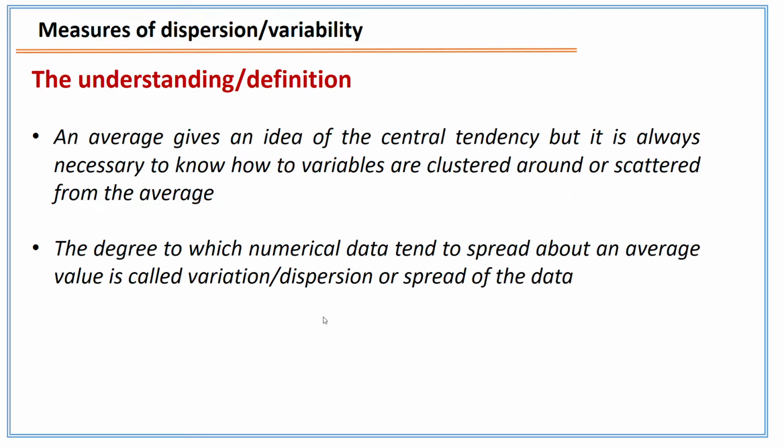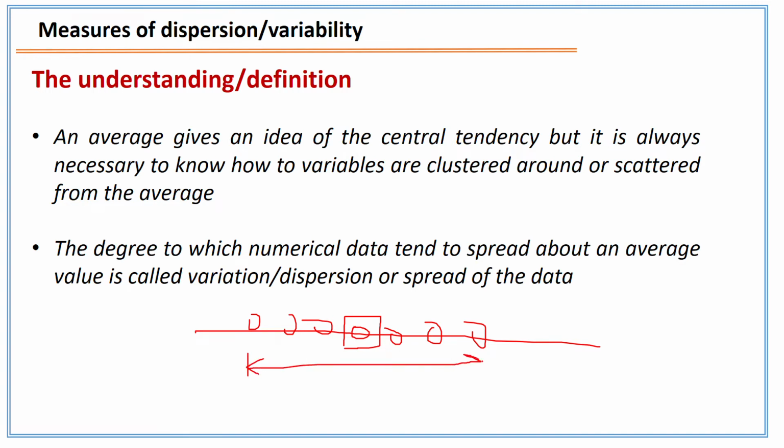That means if some mean value is there, and this is our data series, how are the other data spreading away from this particular mean? This rectangular box is the mean. This is what is known as the standard deviation or spread of the data.